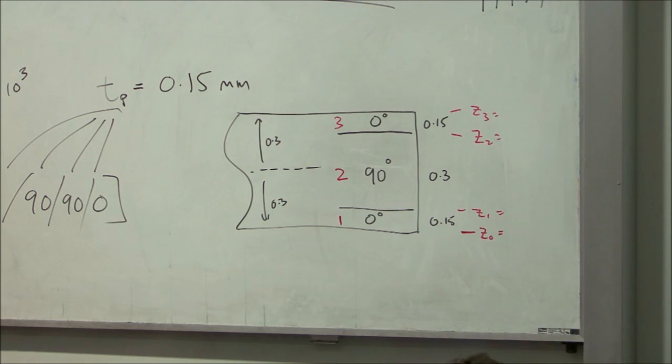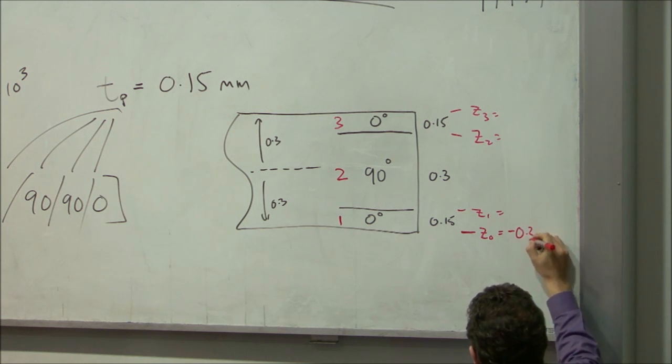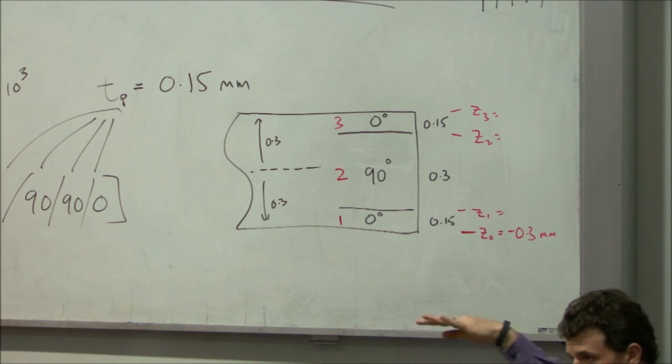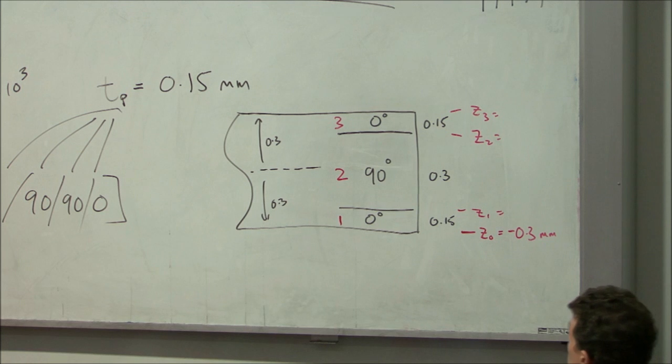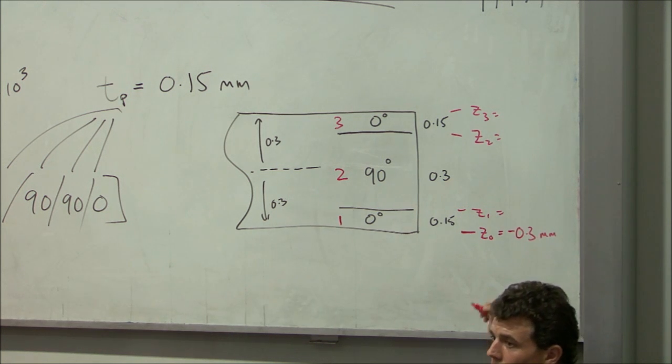Okay, so let's put values to these. They're all measured relative to the midplane. So Z0 equals minus 0.3 millimeters. We start at the midplane and we've gone downwards 0.3 millimeters. So what would Z1 be then?